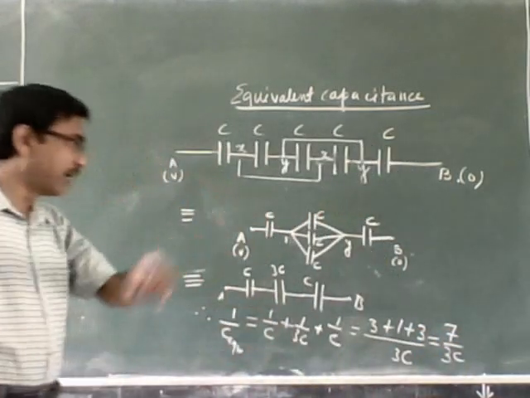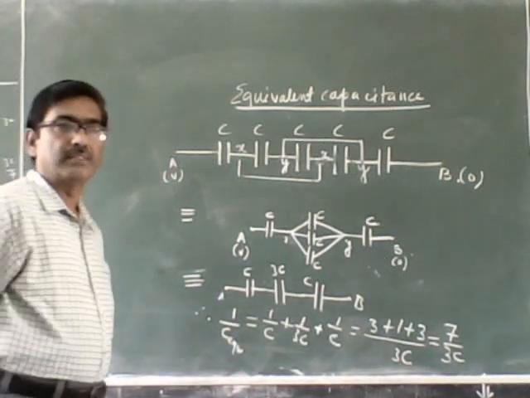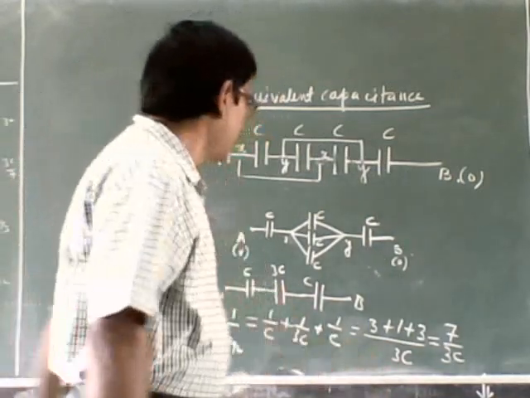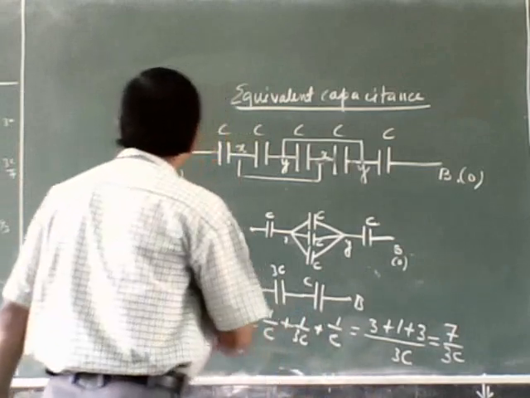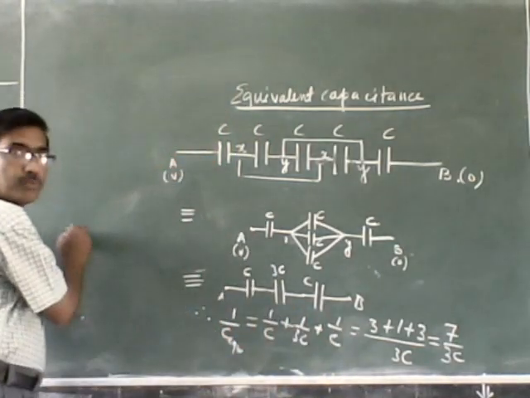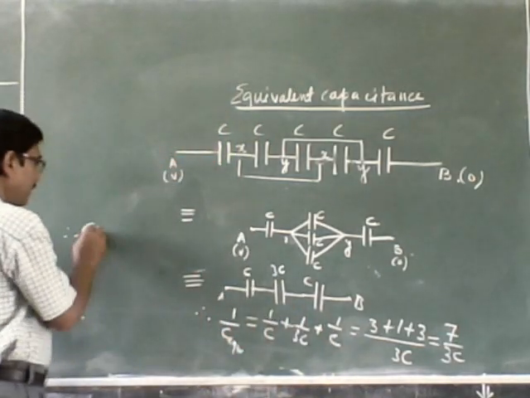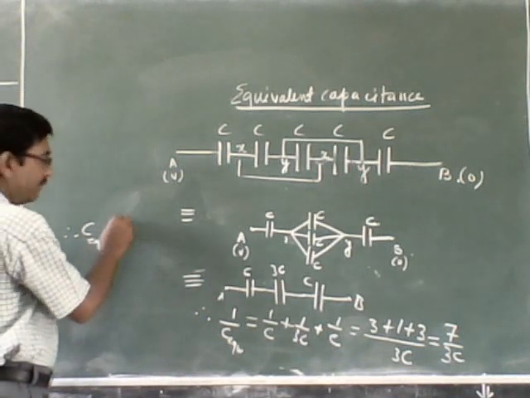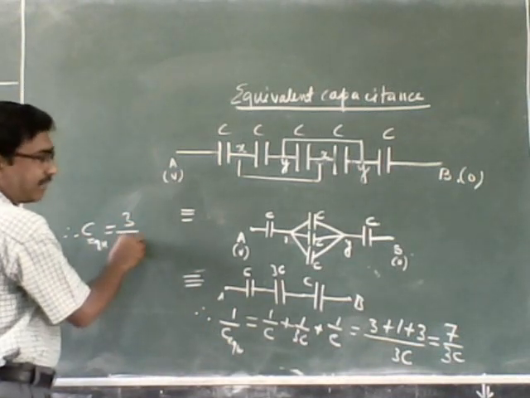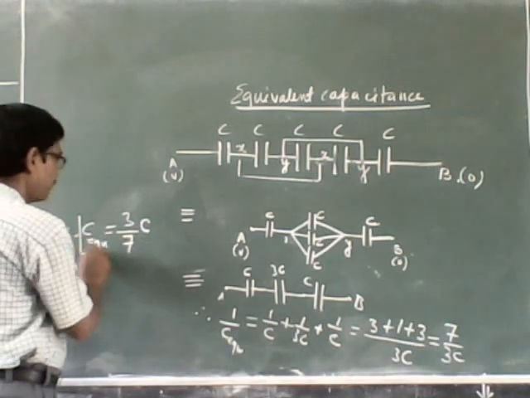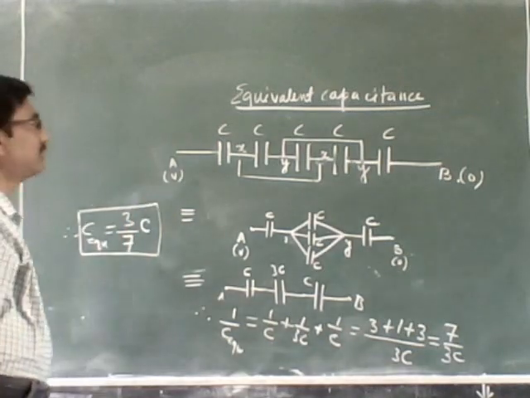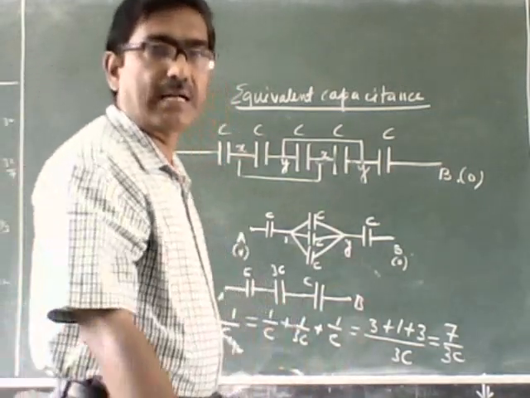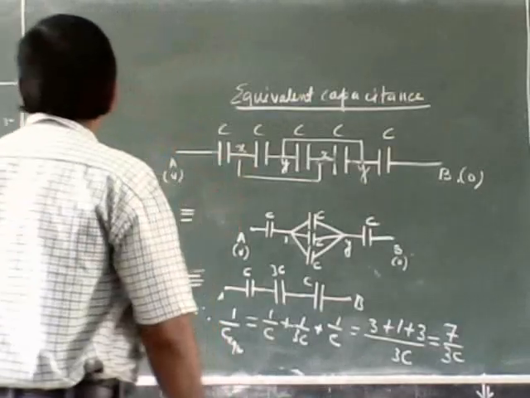So 1 by C equivalent is 7 by 3C. Therefore C equivalent will be 3 by 7C. This is the equivalent capacitance of this combination.